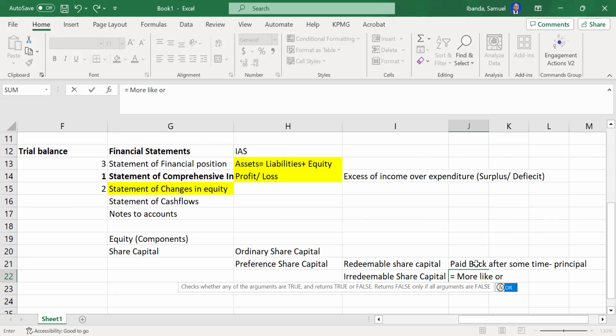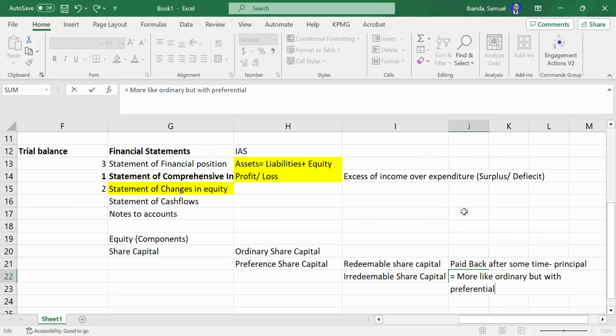So when I say more like ordinary shares, it means that they're not going to be paid back as such, but they still have preferential rights. And some of these preferential rights could be to do with them being able to get dividends even when the business is not making a profit. That is what happens with the preference shares.